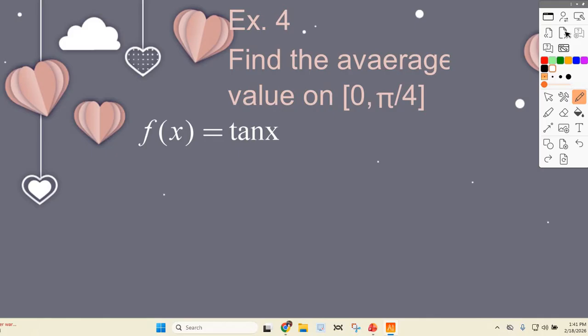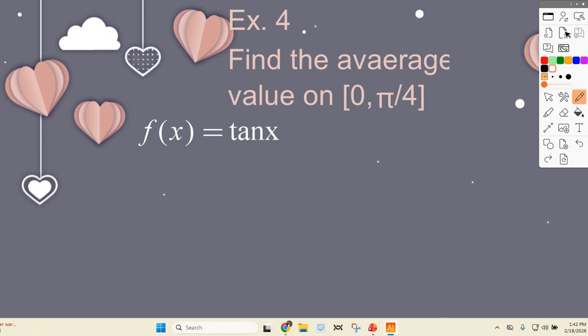So what do I do in order to find an average value? It's 1 over b minus a times the integral of the function from a to b.